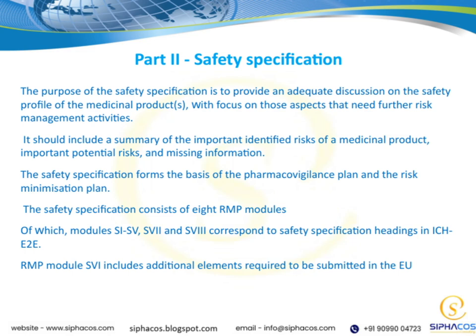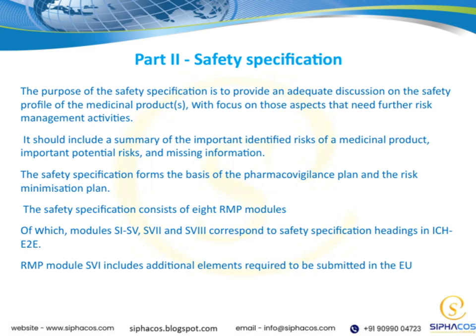The safety specification itself is structured into 8 modules within the Risk Management Plan, or RMP. Among these, modules SI, SV, and SVII align directly with the safety specification headings outlined in ICH E2E, ensuring consistency across regulatory requirements.